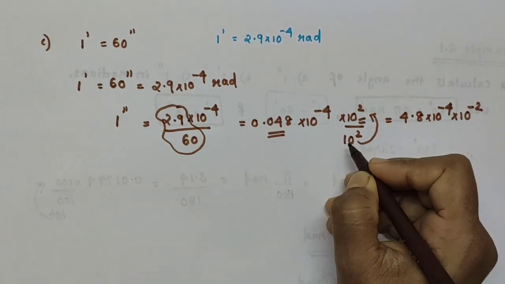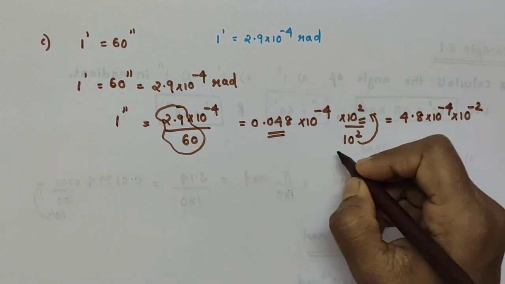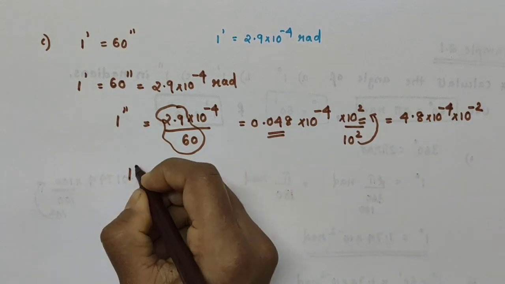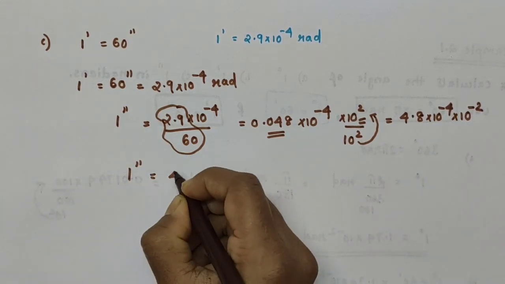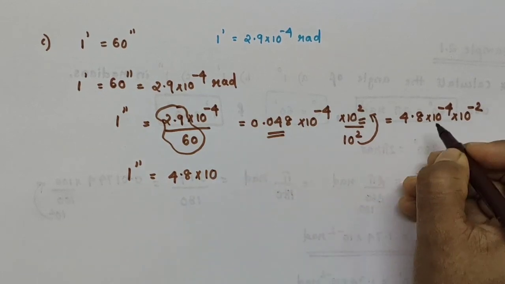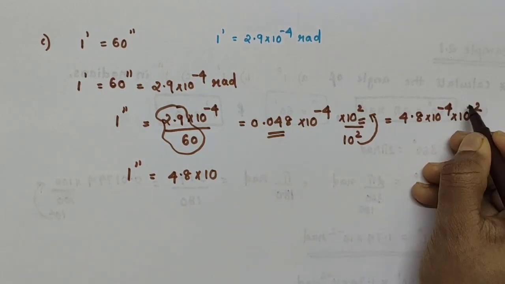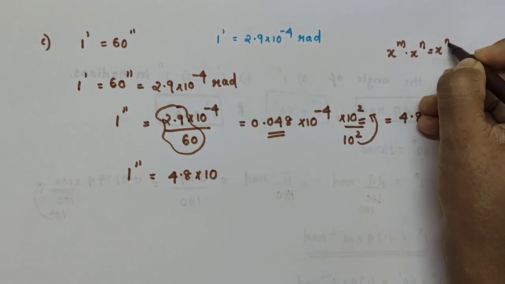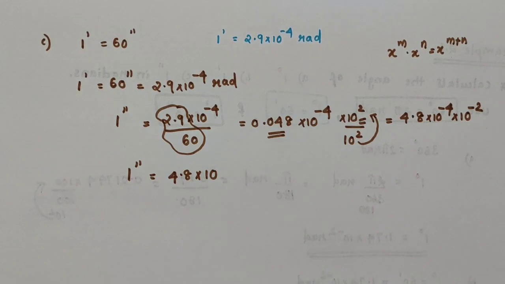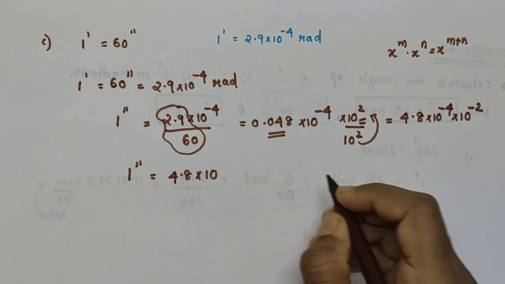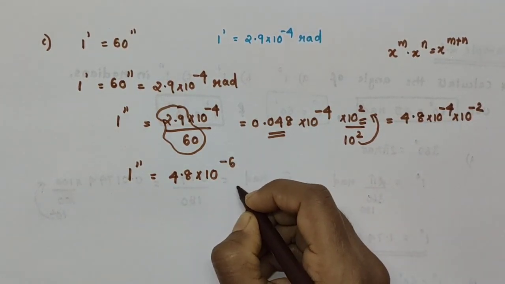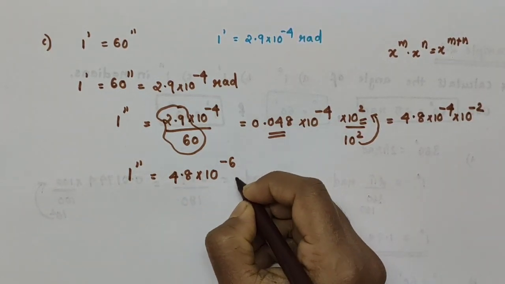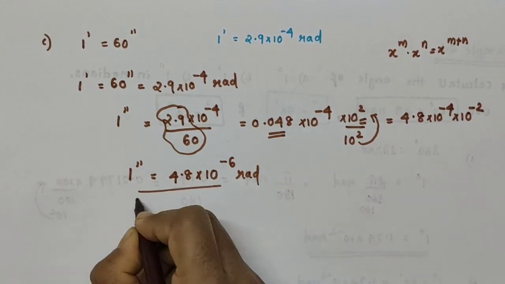So we can write 1 arc second is equal to 4.8 into 10 raised to minus 4 into 10 raised to minus 2. See, x raised to m into x raised to n is equal to x raised to m plus n. So 10 raised to minus 4 into 10 raised to minus 2 will be 10 raised to minus 6. So 1 arc second is equal to 4.8 into 10 raised to minus 6 radian.